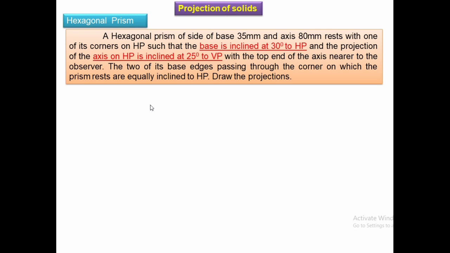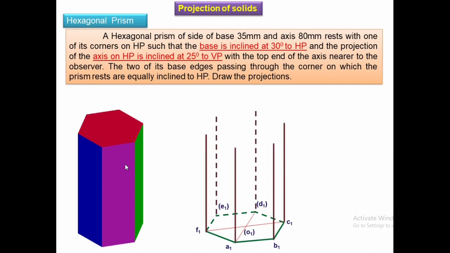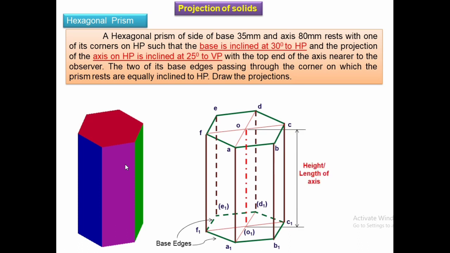Now just have a look once again on the 3D model. You can understand how the base will be there, and bottom faces we always name as A1, B1, C1 like this. The axis, the vertical lateral faces which are rectangular in nature, the top face naming, height of the axis you can mark it, and you know what is meant by base edges, the top and bottom faces.